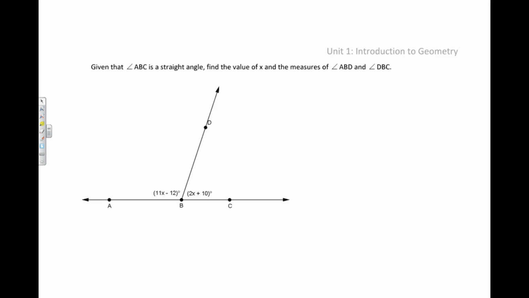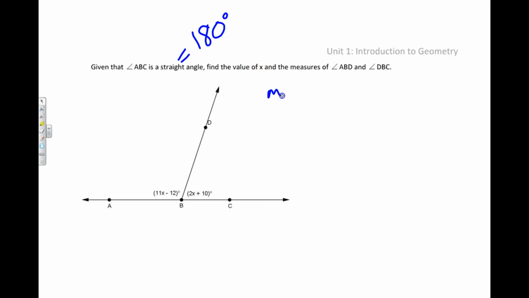So let's look at one last example here. Given that angle ABC is a straight angle, and guys, remember, straight angles mean it's going to equal 180 degrees, so that's a hint. Find the value of x and the measures of angle ABD and DBC. We're again going to do part plus part equals whole.